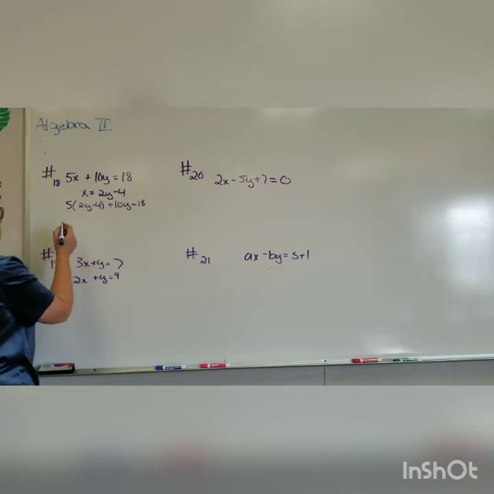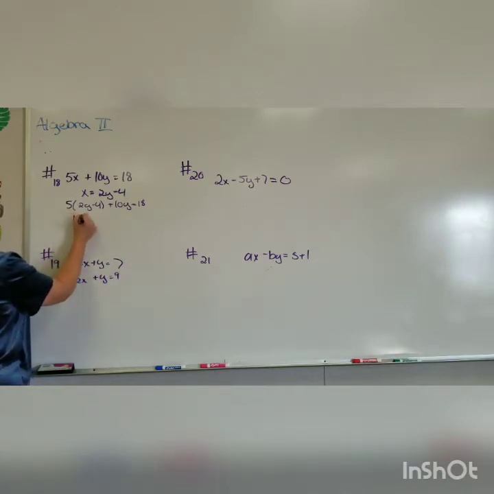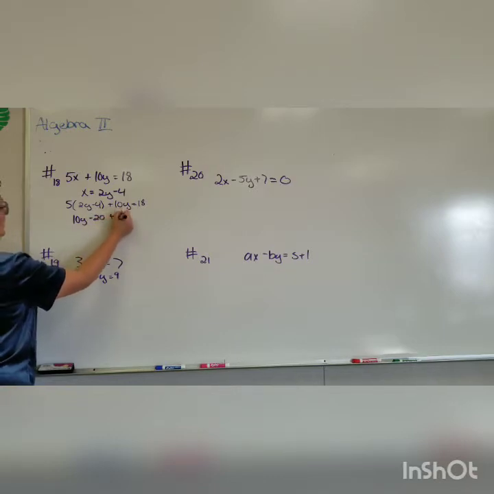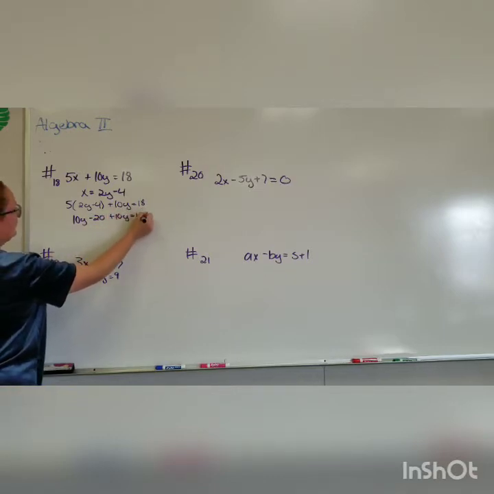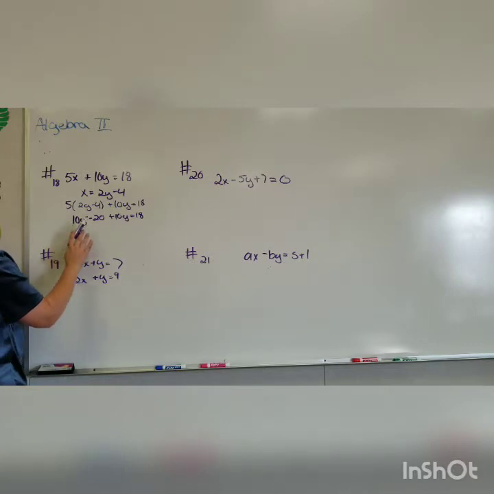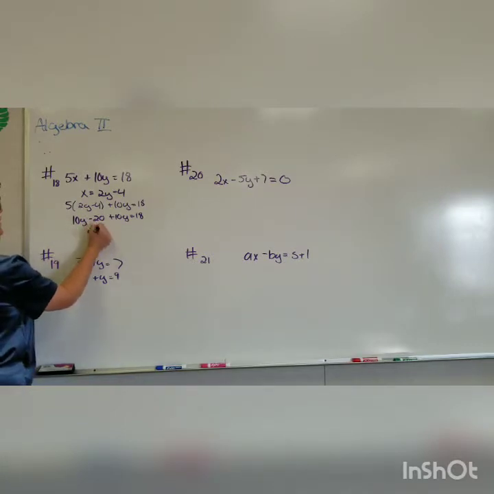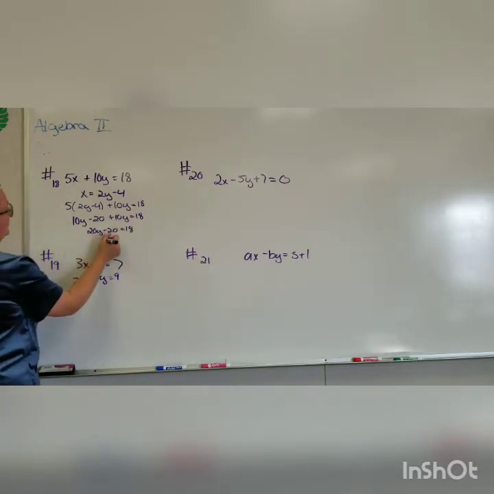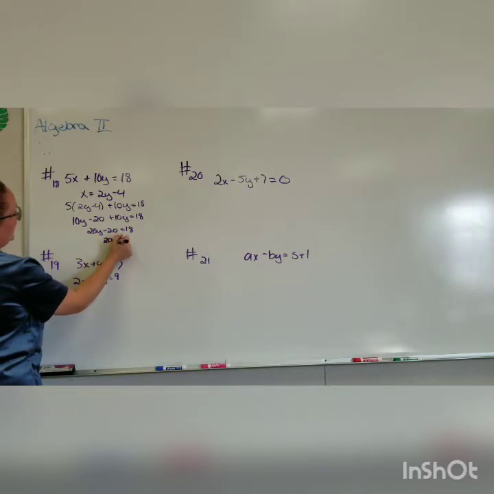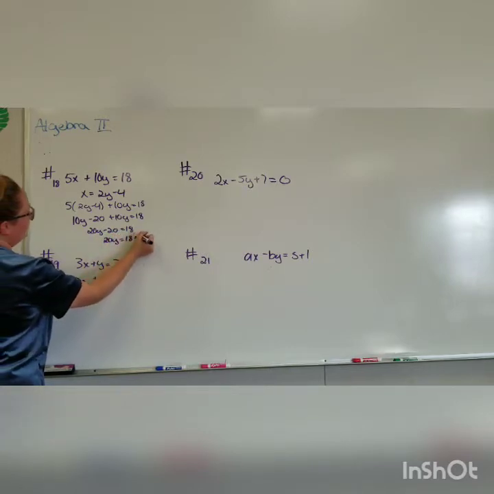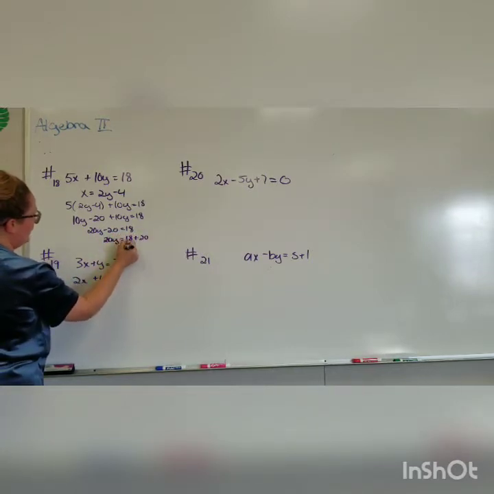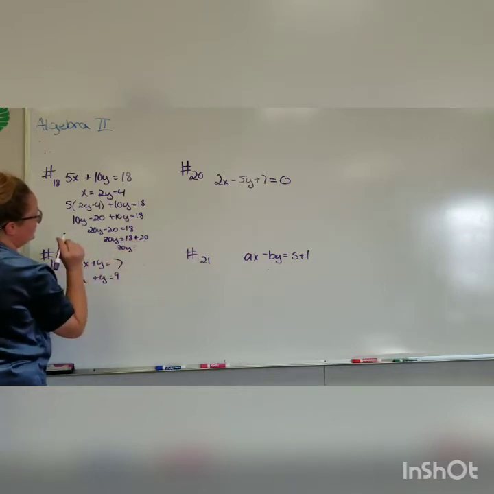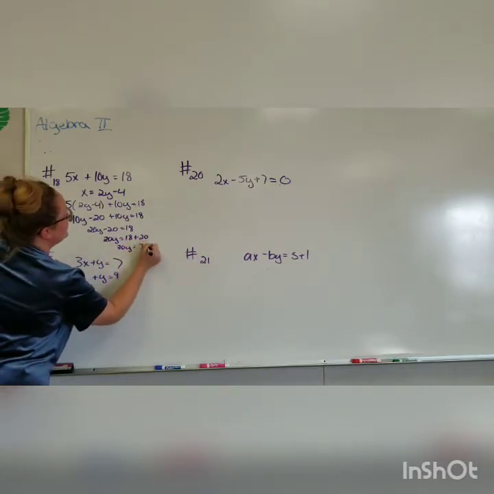Do my distributive property. 5 times 2y is 10y. 5 times negative 4 is negative 20 plus 10y equals 18. Combine your like terms. 10y plus 10y is 20y minus 20 equals 18. The 20 is subtracted, so on the other side it's going to add 18 plus 20. 20y equals 38.